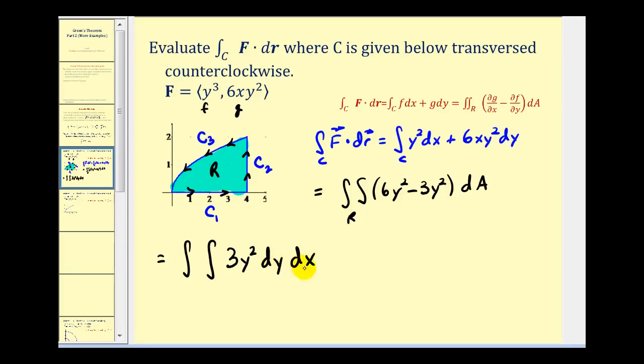The reason I'm choosing this order is because I recognize the equation of this upper curve as y equals the square root of x. So limits of integration for y would be from 0 up to the square root of x, and the limits of integration for x would be from 0 to 4.